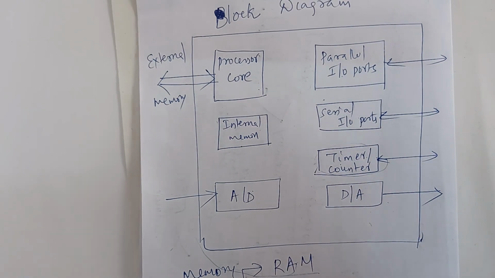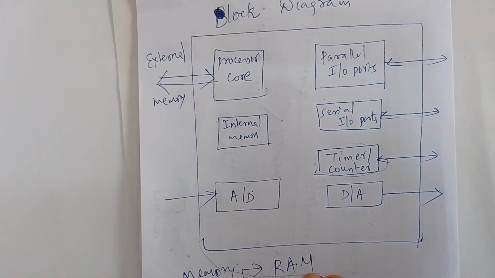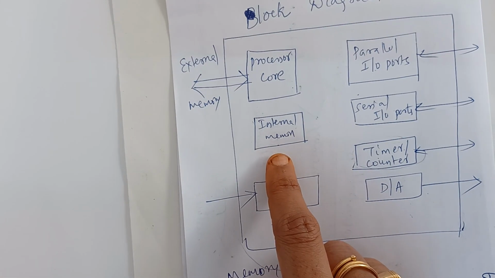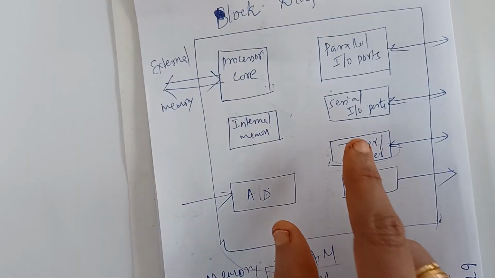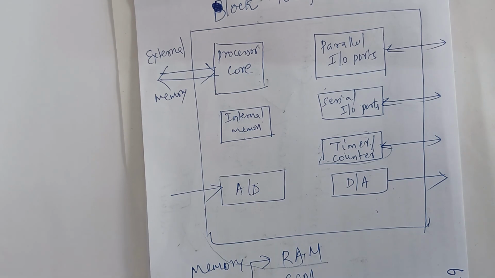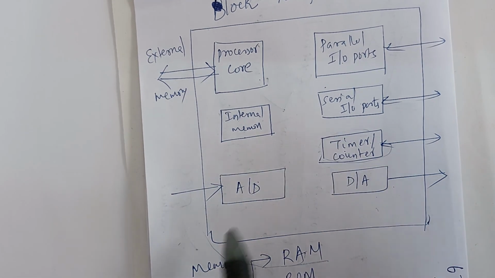During data computation we need RAM. All these come under internal memory. Then we have input output interface circuitry, both serial and parallel. To count the number of pulses on an input line, we need a timer or a counter. And to convert analog to digital or vice versa, we need a converter also.